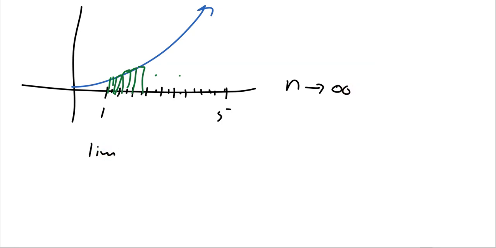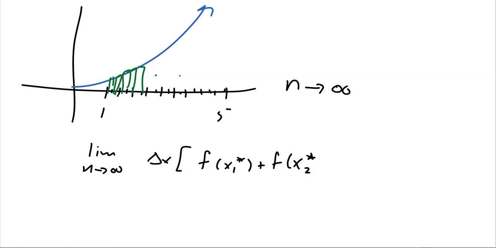So in a nutshell, what we're looking at is the limit as n approaches infinity of delta x times our function evaluated at the first little sample point, whether it be right, left, midpoint, or some other arbitrary point in there, plus the function evaluated at the second little rectangle.